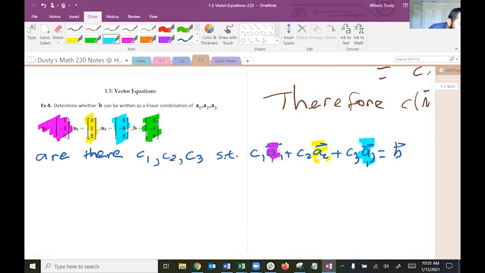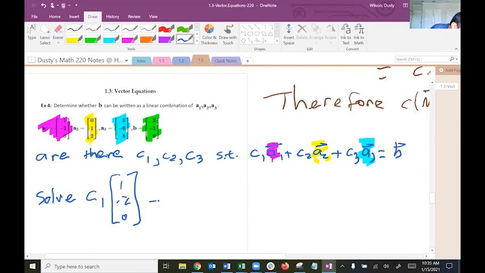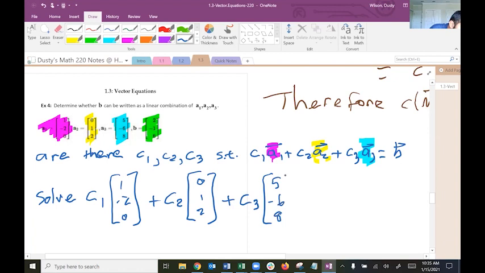So to figure this out, we need to solve C1 times A1, which is 1, negative 2, 0, plus C2 times 0, 1, 2, plus C3 times 5, negative 6, 8, equal to 2, negative 1, and 6.